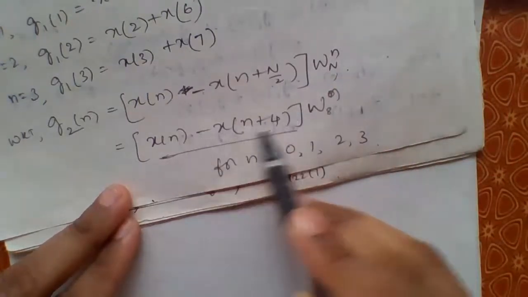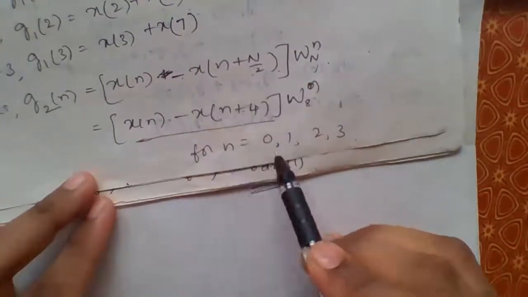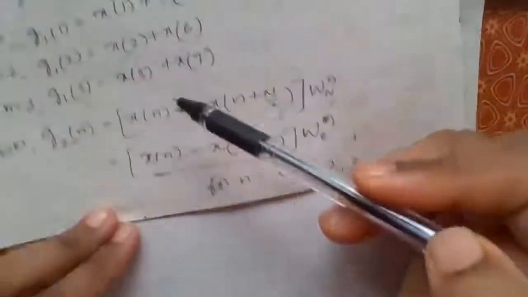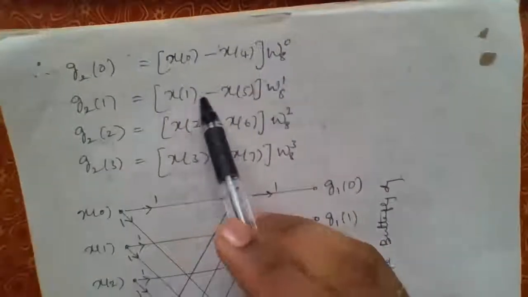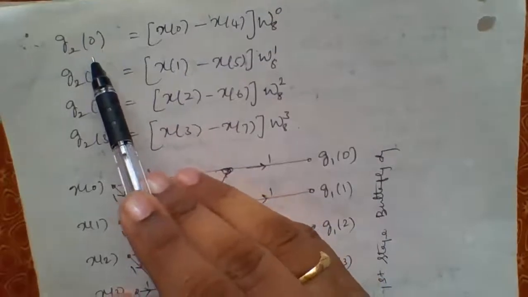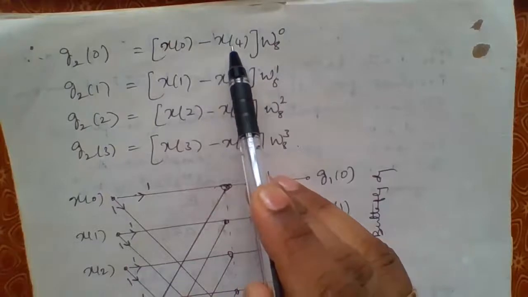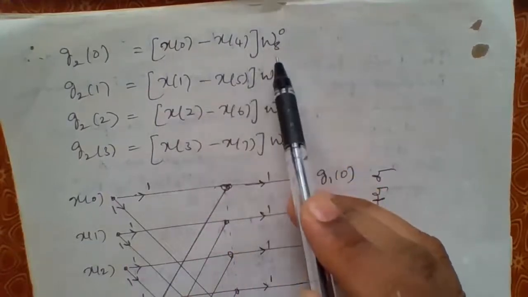Once this is ready, we generate G2 of n for n equal to 0, 1, 2 and 3. Similarly, you get again 4 equations, but now those equations are multiplied by the corresponding twiddle factor. Here G2 of 0 is x of 0 minus x of 4, and this product is multiplied by W raised to 0 with suffix 8.